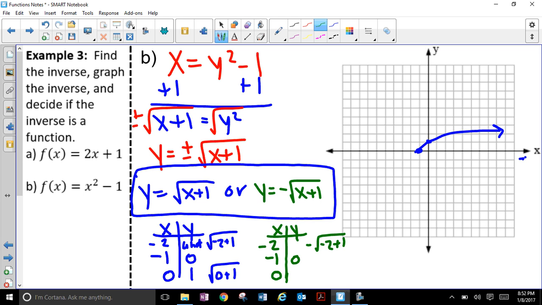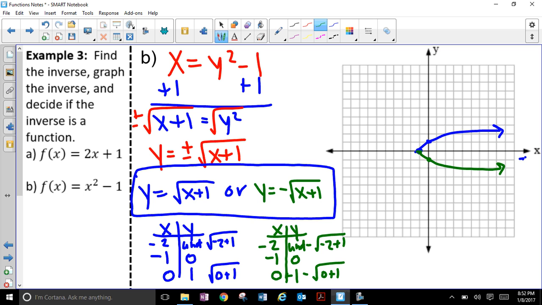Can't have a negative under the radical, so this is still undefined. Now I'm going to do negative square root of 0 plus 1. 0 plus 1 is 1. The square root of 1 is 1, but there's a negative sign in front, so this one's going to be at 0, -1. Now if I plot the green graph, I'm not going to be at -2 at all, so it starts at this point. Then 0, -1 is the other point.